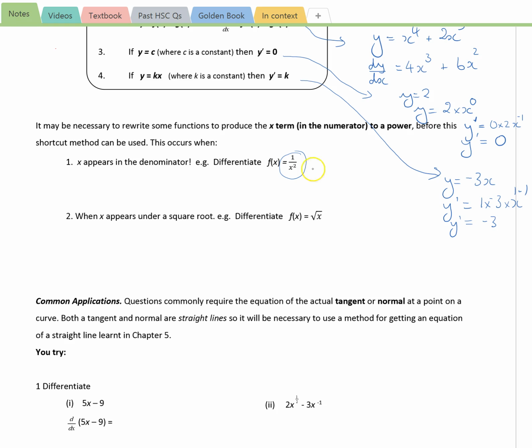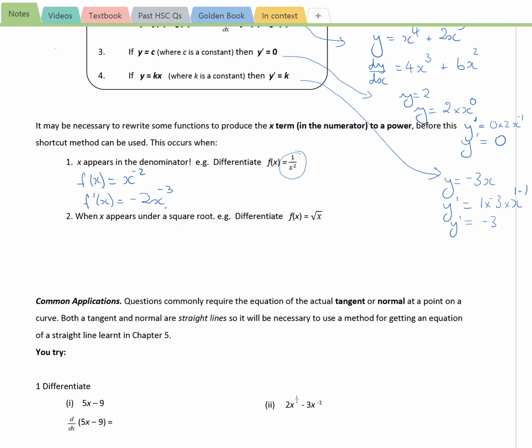However, it is possible in this case to get x out of the denominator. So it is possible to write this as f of x is equal to x to the minus 2. And when I do that, I won't have any trouble differentiating. My notation will be f dash x. I'll bring the power to the front and subtract 1 from that power. Minus 2 subtract 1 is negative 3.